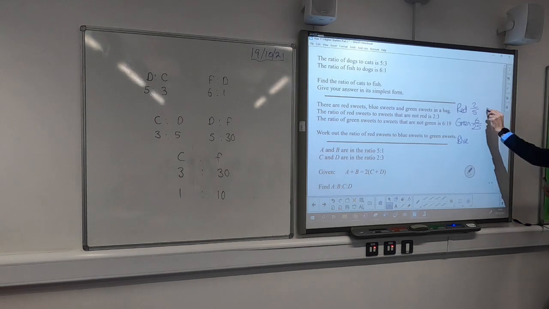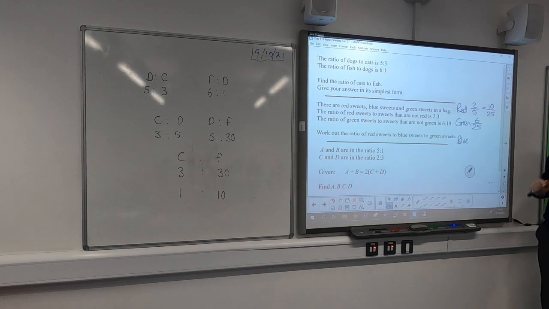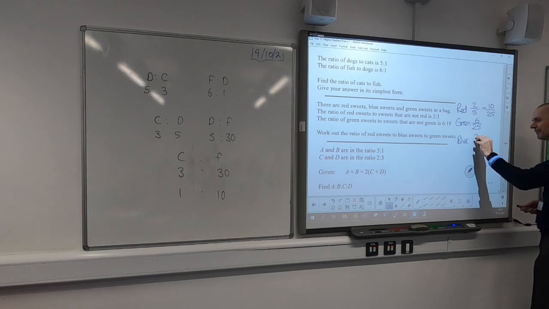So I'd change that one into 10/25 by just multiplying top and bottom by 5. So I've got 10/25 are red, 6/25 are green, so the rest must be blue. So Kai, how many 25ths will that be? 9 25ths, brilliant.